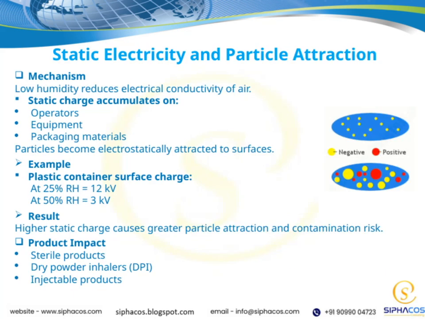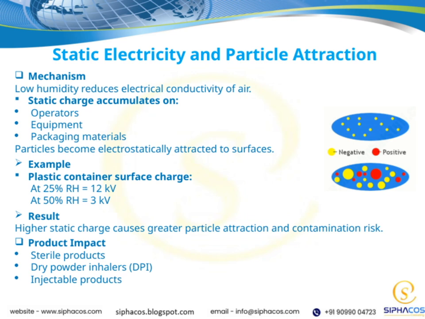Let's talk about static electricity and how it pulls particles toward surfaces. When the air is dry with low humidity, it doesn't conduct electricity well. That means static charge builds up on operators, equipment, and packaging materials. Particles then get pulled in by this static charge, sticking where they shouldn't.